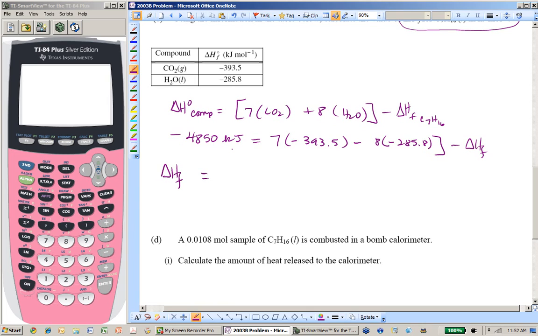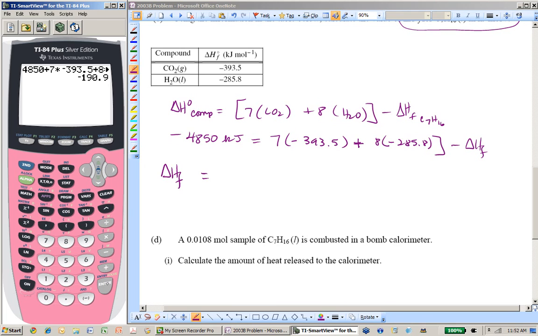But let's do it. So I've got 4850 plus 7 times a negative 393.5, plus, I wrote a minus, but it's plus, 8 times a negative 285.8.